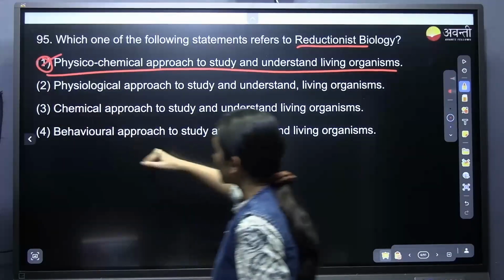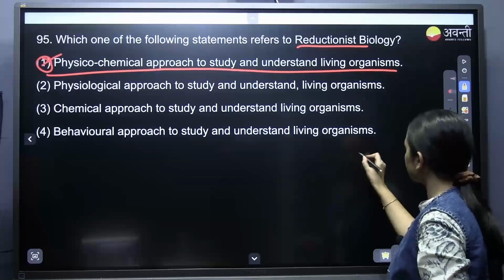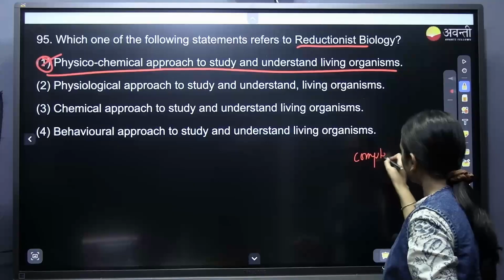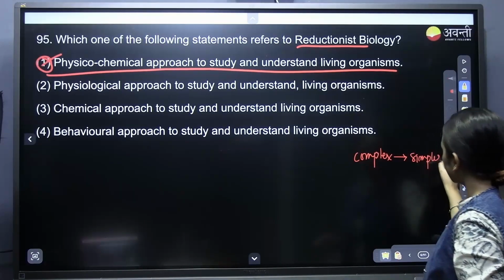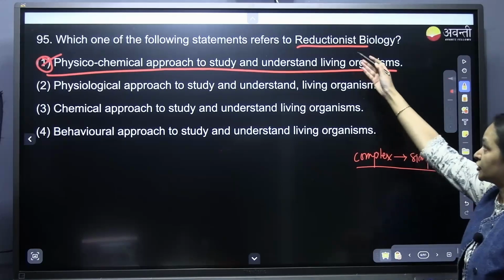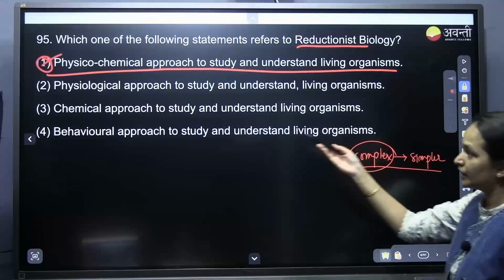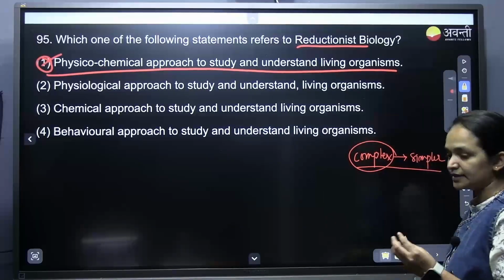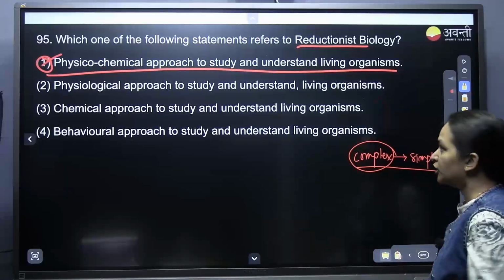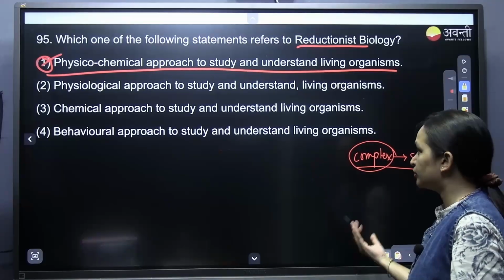It means we are breaking down complex things into simpler ones, going deeper into the molecular level, both physical and chemical.